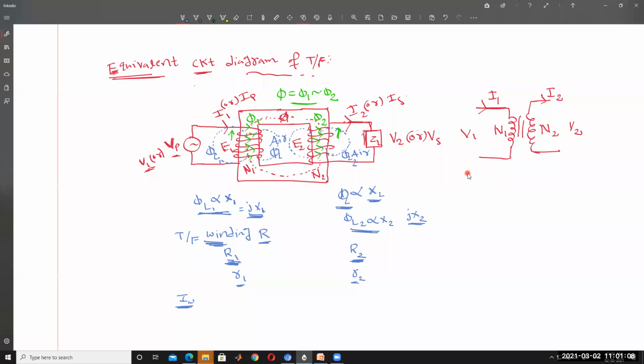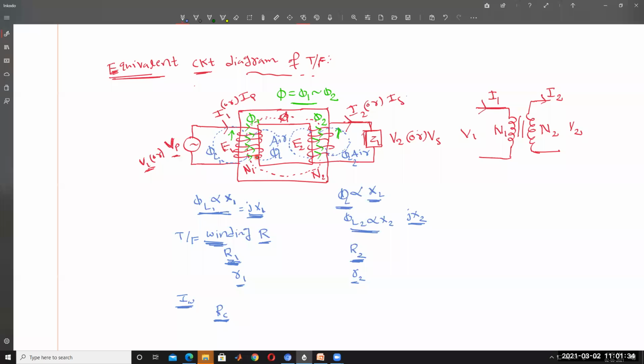Because of that, there is a core loss component, represented by the core resistance of the transformer, RC. Because of the core, some losses are introduced into the system, represented by RC.